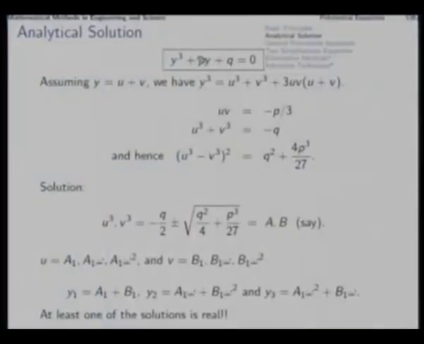Only 3 of them will satisfy. You can verify this fact. So, if a1 and b1 taken from these two and added together becomes one root of this equation, then the other two will be a1 omega plus b1 omega square and the third will be a1 omega square plus b1 omega. This is the way it is.